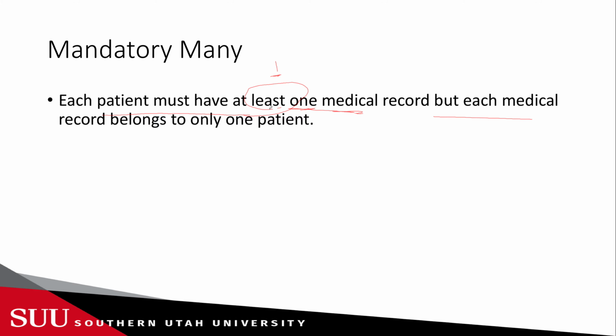But each medical record belongs to only one patient. So okay, let's analyze this. I'll have P for patient, and then I will have medical record, which is the patient history. Let me call it M. So from P to M, what is my minimum?